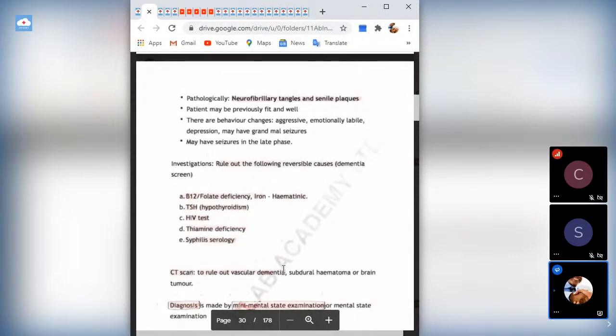Thiamine deficiency is also very important because of Wernicke's encephalopathy. Then syphilis is also important. You do a syphilis serology, and screening like VDRL comes in handy here, all right?